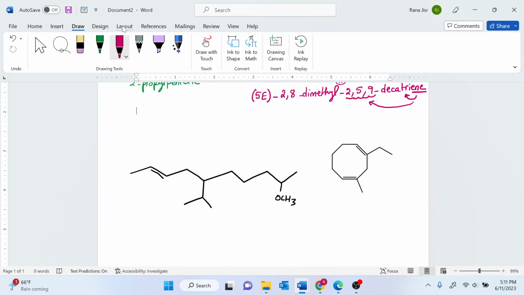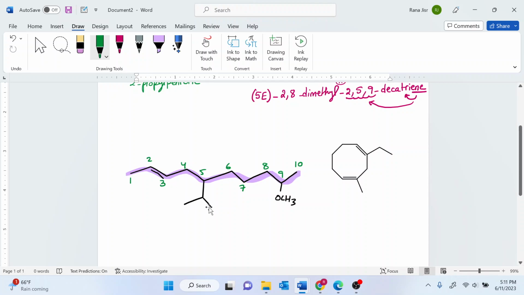Okay, now here again, choose the longest carbon chain and start by giving your double bond the lowest number. So it's going to be 1, 2, 3, 4, 5, 6, 7, 8, 9, and 10. Isopropyl is not an IUPAC name.